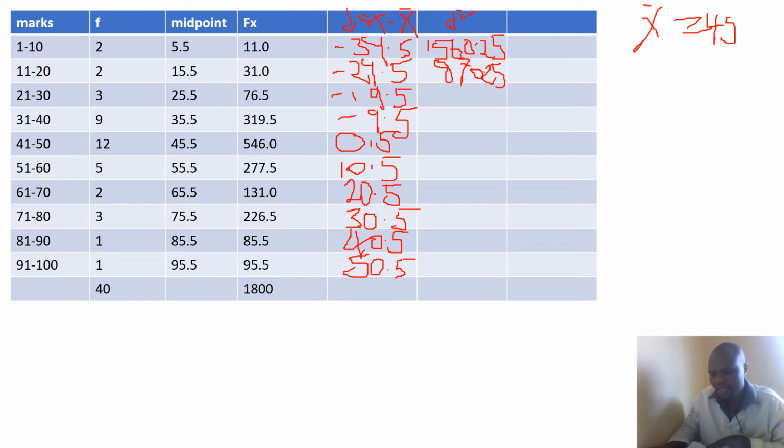Then you take 19.5 squared, this one you get 380.25.